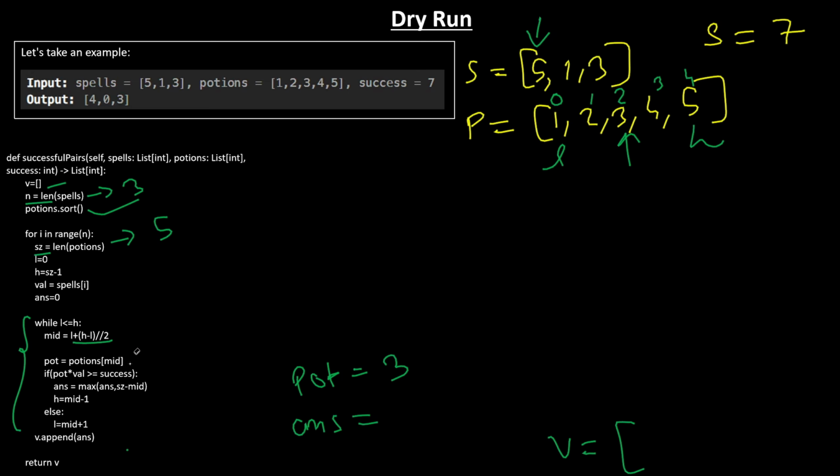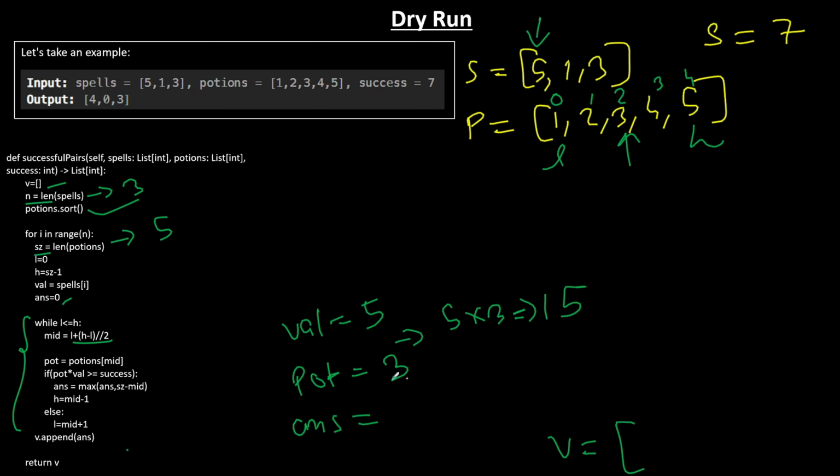It is written here: pot into well. Now well here is 5. So pot into well: if you multiply 5 into 3 it gives me 15, right? So answer was 0, and we can see that success value is 7 and 15 is greater than 7.